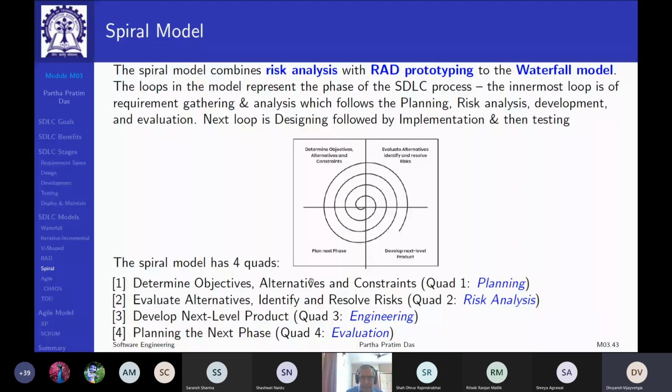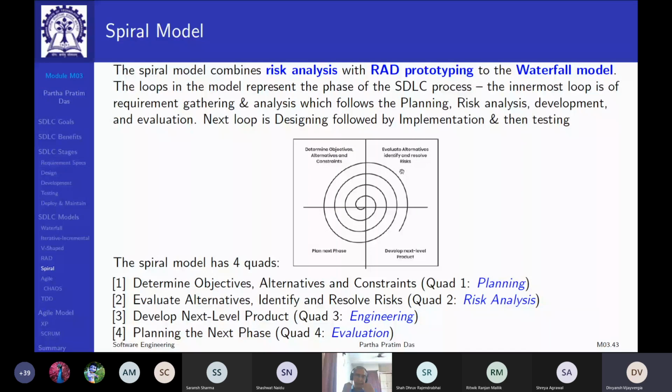So there are 4 quadrants, numbered as left top is numbered 1, not the usual way in coordinate geometry we number the coordinates. This one left top is 1. So this determines the objectives, alternatives, and constraints. Then you evaluate the alternatives, identify and resolve risks.